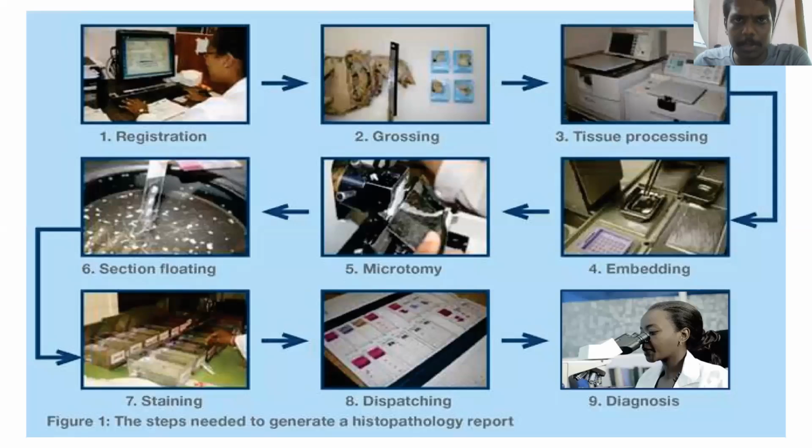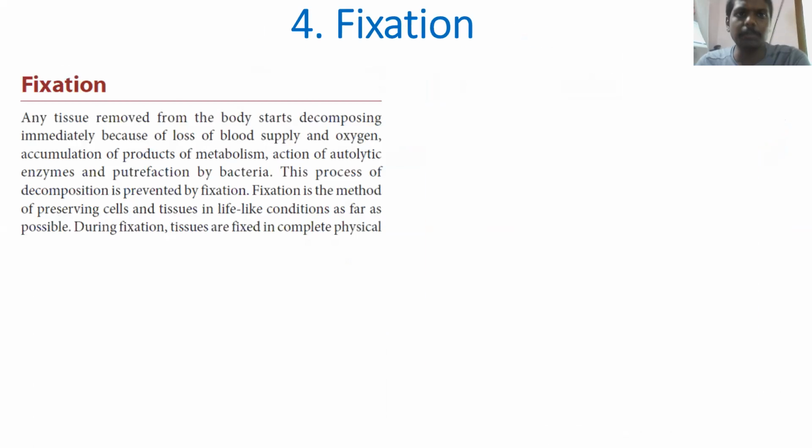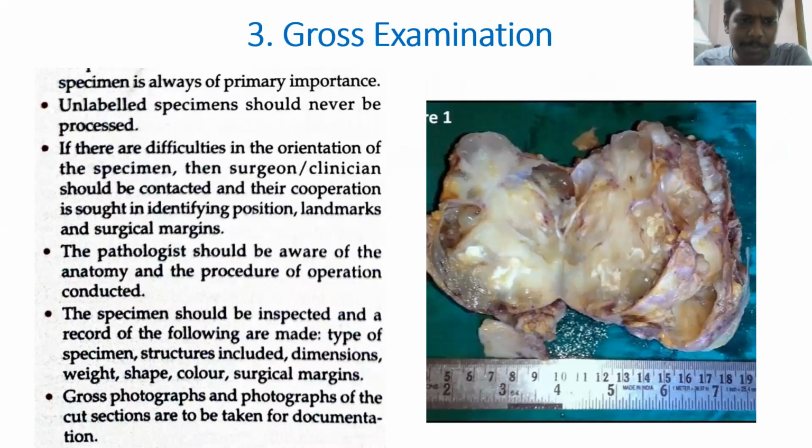Then we discussed what gross examination is. Gross examination means that upon receiving the specimen from the surgical ward, it can be either a biopsy specimen or even an autopsy specimen in case of the forensic department.